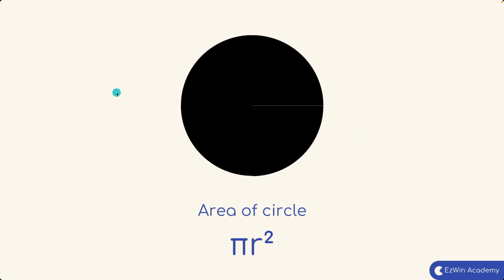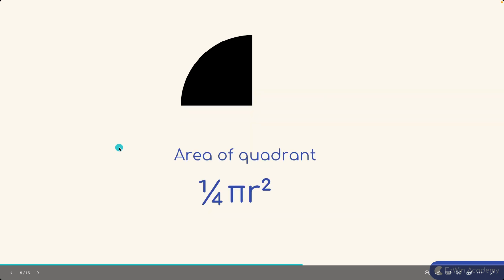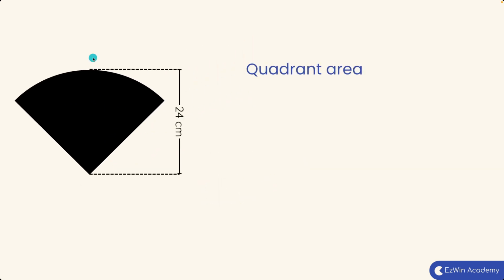To recap, the area of a circle is essentially pi r squared. But for the area of a quadrant, only 1/4 of the circle is shaded. So you have 1 out of 4, or 1/4, multiplied by pi r squared, where r is the radius. In this case, we know the radius from the earlier example, which is 24 centimeters.